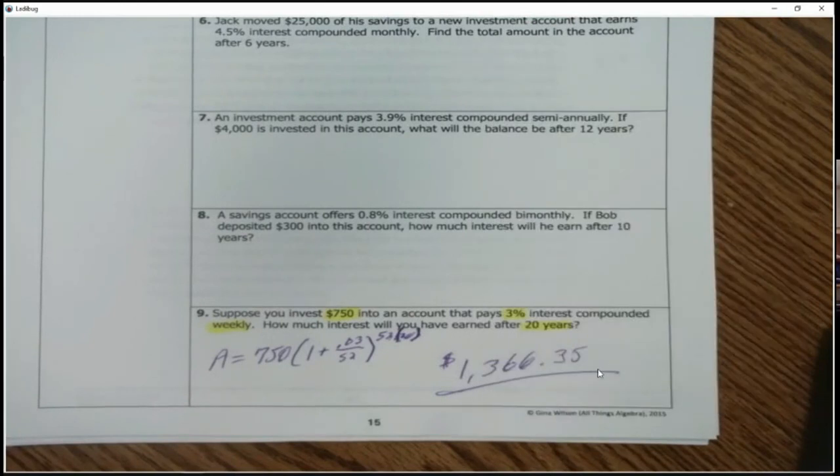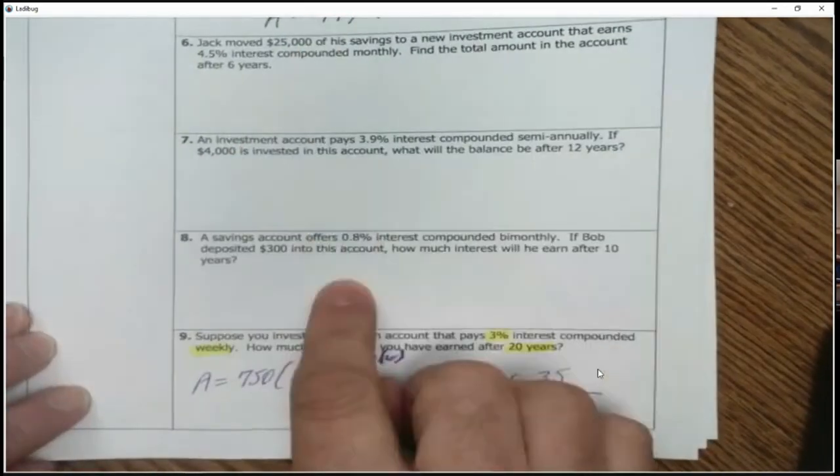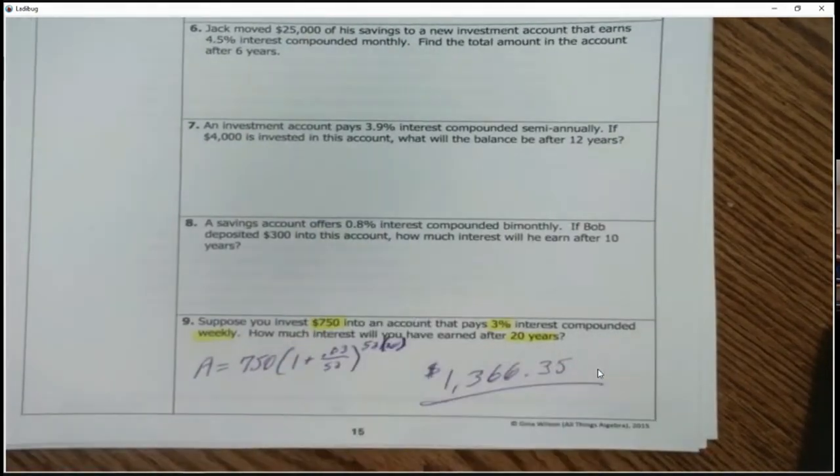So at only 3% interest, it's almost doubled because you're getting interest paid to you every week. Every week.